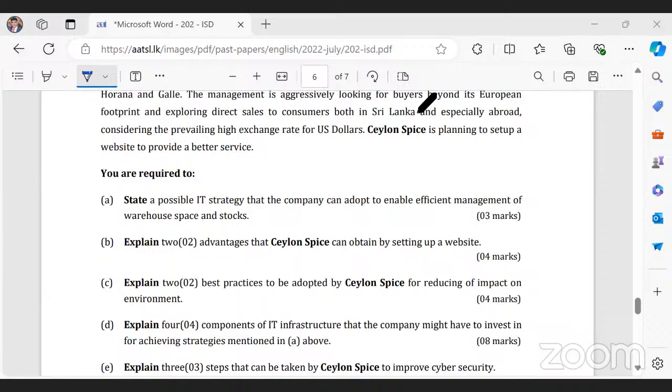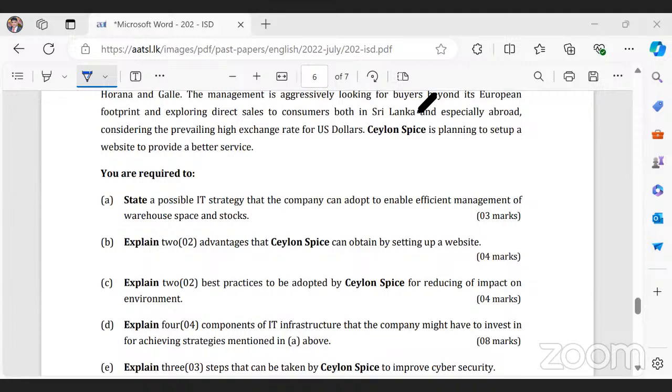The best practice is minimizing the use of electronic equipment. And they can implement environmentally friendly green policies in their business practice, especially recycling, reuse, and refurbishing, like the 4R concept, which they can implement in the organization.